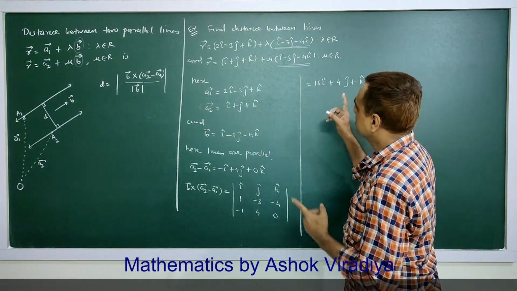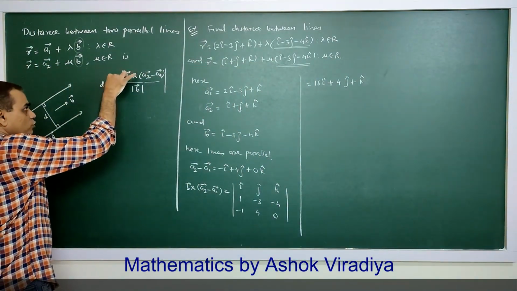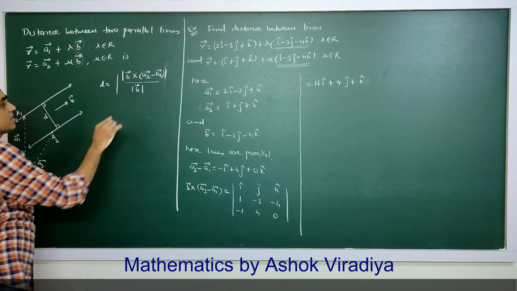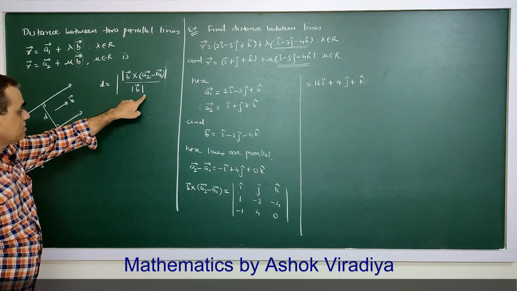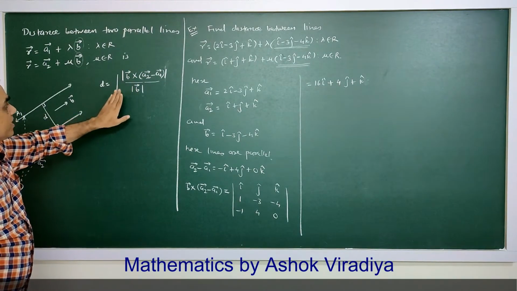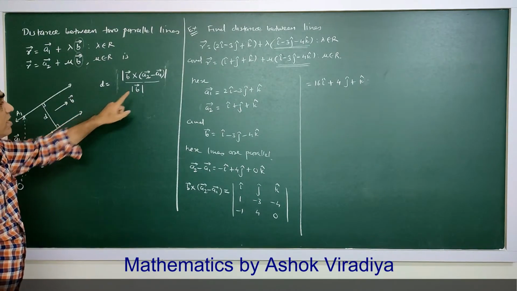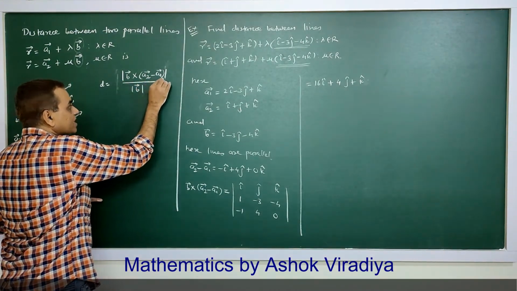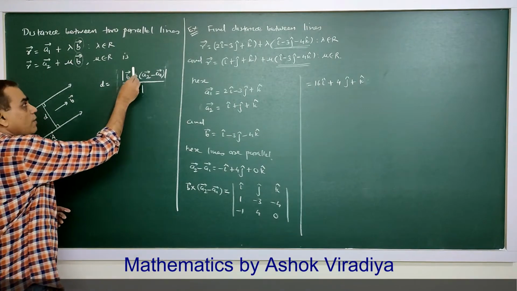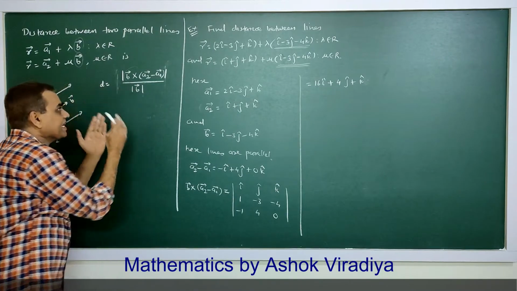Then in this formula we have to take the modulus. Here modulus, here modulus. This is magnitude. So the numerator is the magnitude of this cross product. The denominator is the magnitude of vector B. In numerator as well as denominator, both terms are vectors, and over a vector we keep the magnitude.